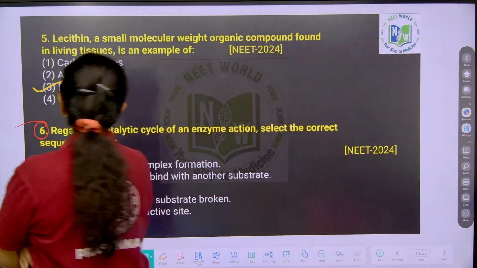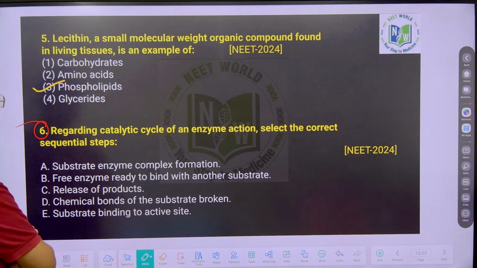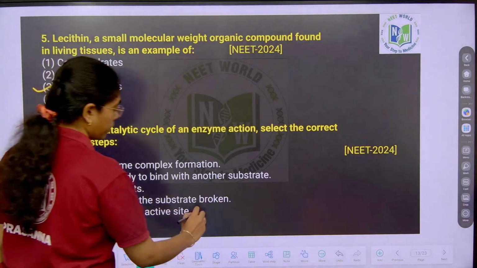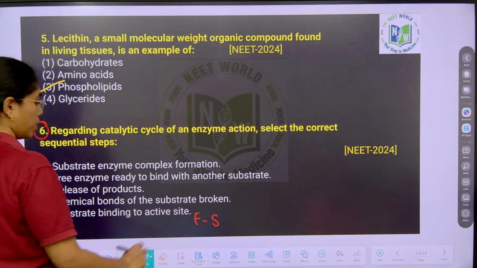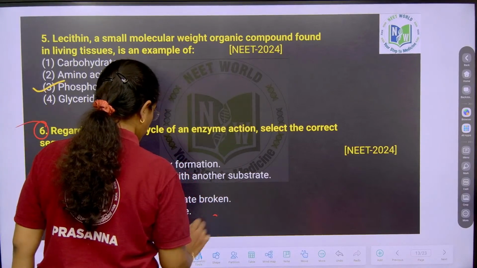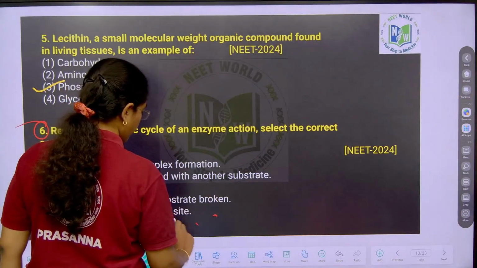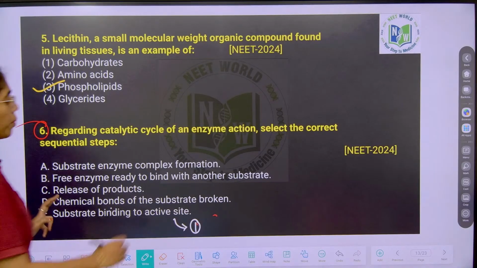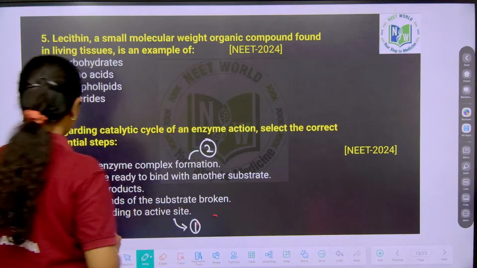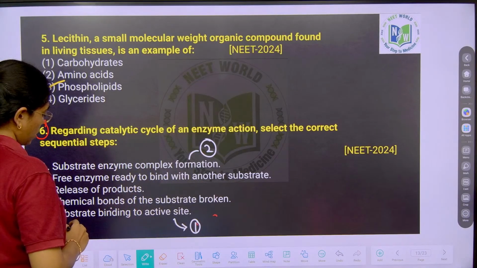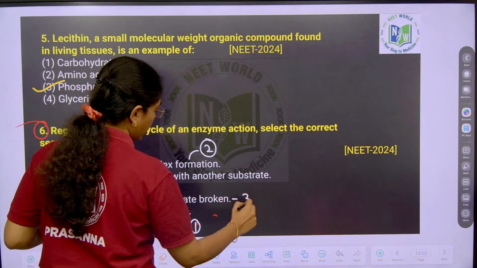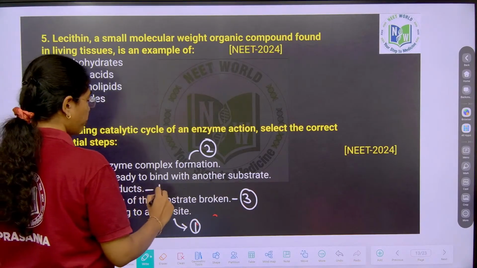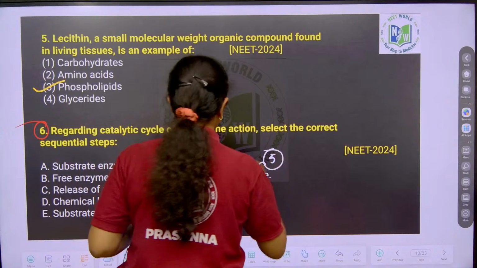We'll see. Regarding the catalytic cycle of an enzyme, select the correct sequential steps. First you said, substrate binding to the active site of the enzyme. So this forms what? Enzyme substrate complex. So let us say this is the first step given in this sequence, and then followed by enzyme substrate complex formation, which is option 2, followed by chemical bonds of the substrate are broken, then release of products, then free enzymes ready to bind with other substrate.